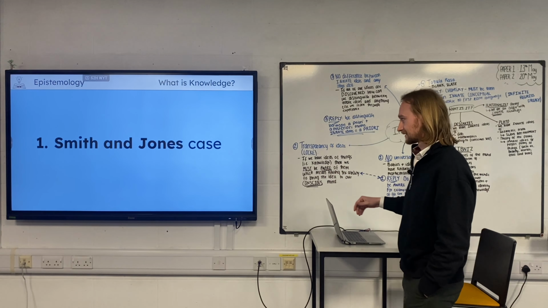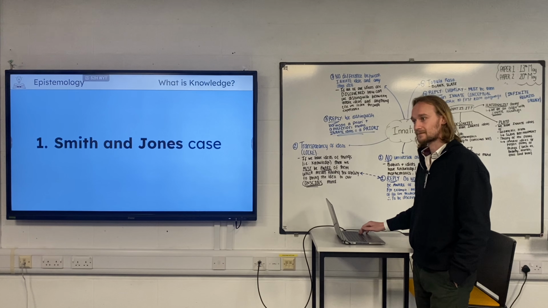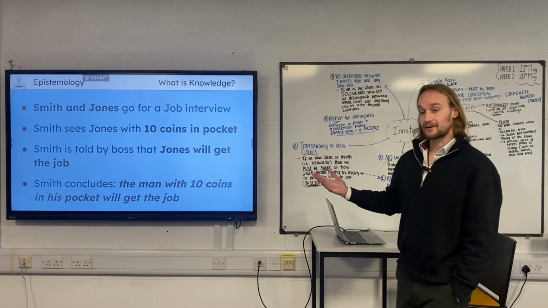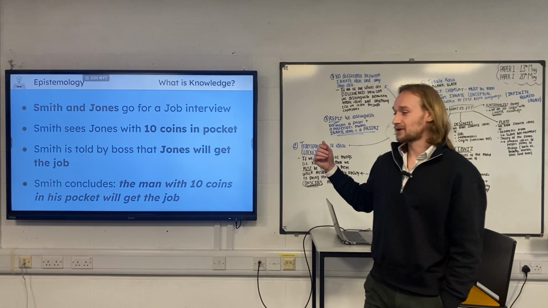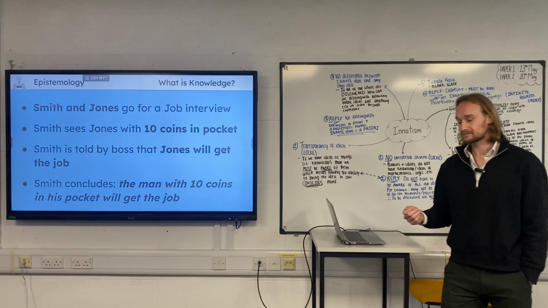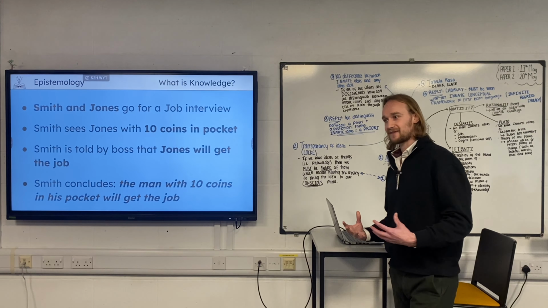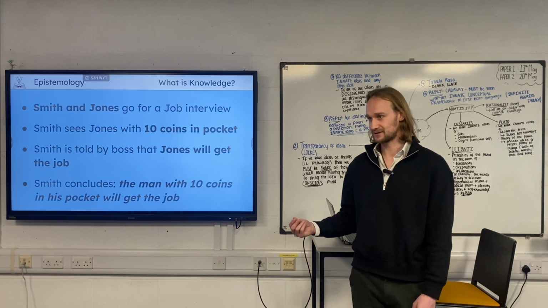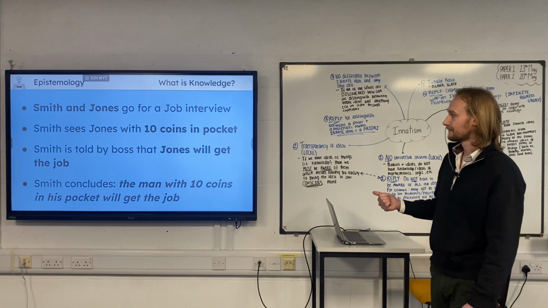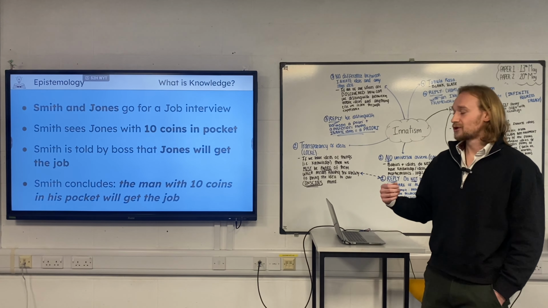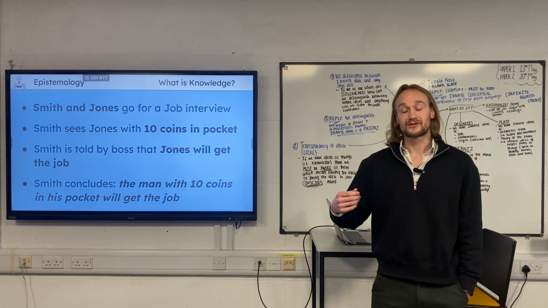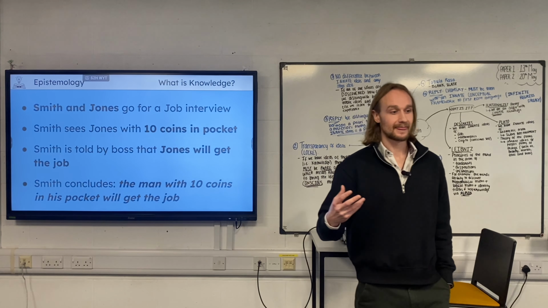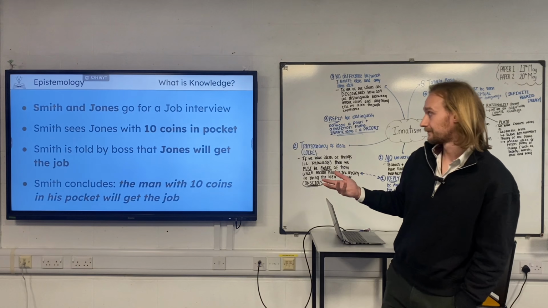So the first one we're going to look at is the Smith and Jones case. Here's how it goes. Smith and Jones go for a job interview. During this job interview, Smith sees Jones with 10 coins in his pocket, because he's counted 10 coins. Smith is also told that Jones will get the job.